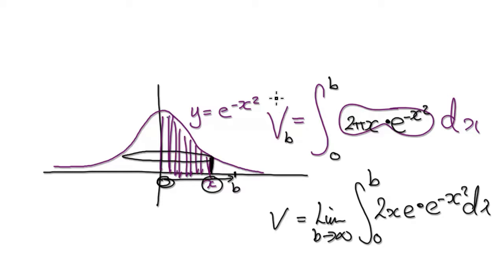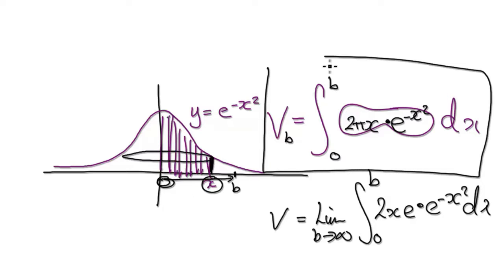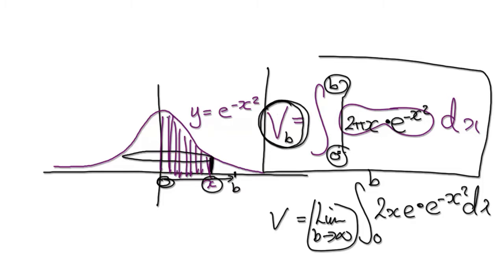So that's the idea. Let's just try to integrate it from 0 to b first, and then later on we will take the limit.